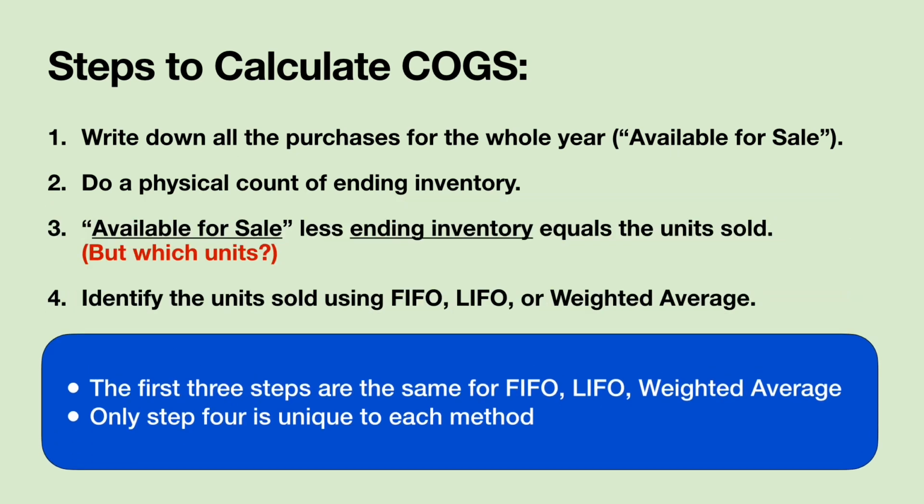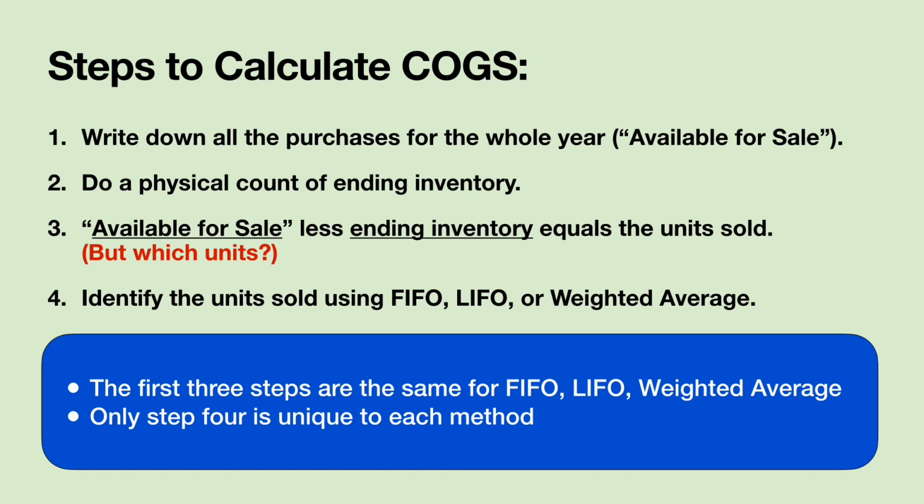The first step is to write down all of the inventory layers that we have for the entire year. Now, in the perpetual method, we wrote down all the layers before the next sale. But in the periodic method, we just write down all the layers for the entire year.